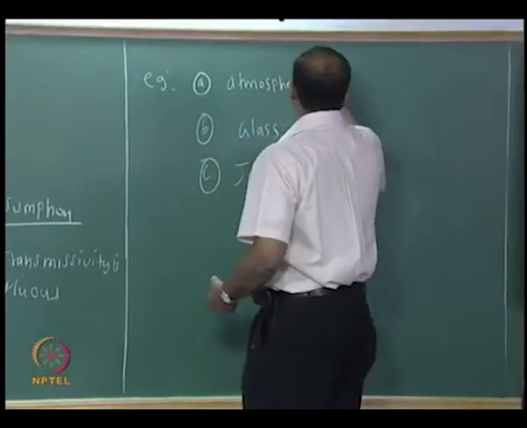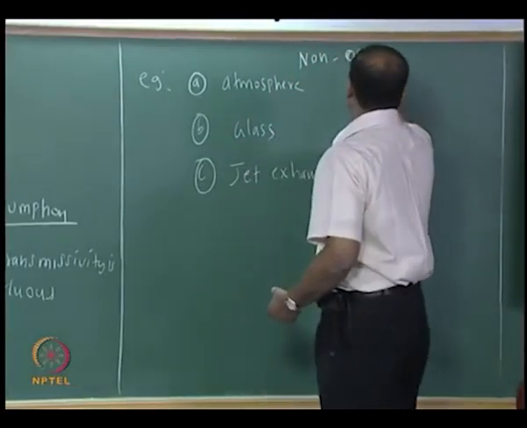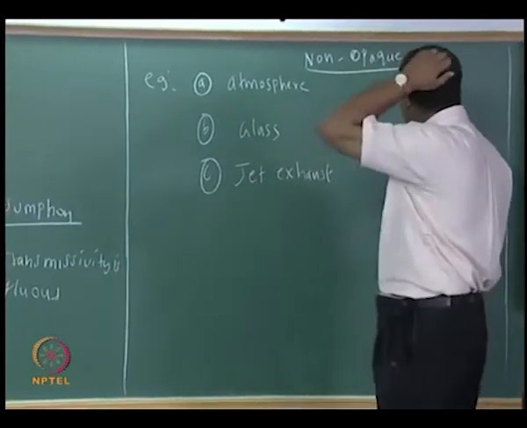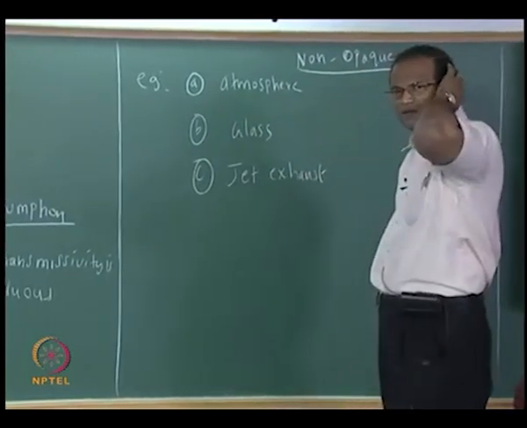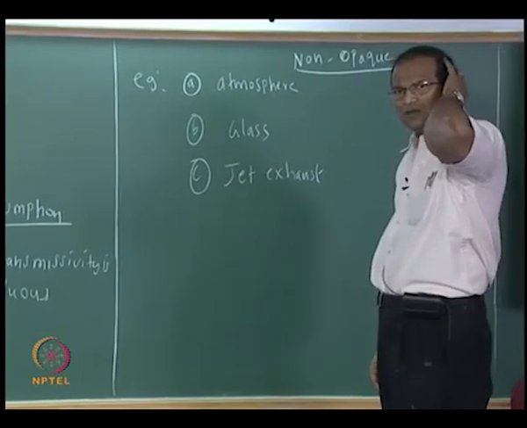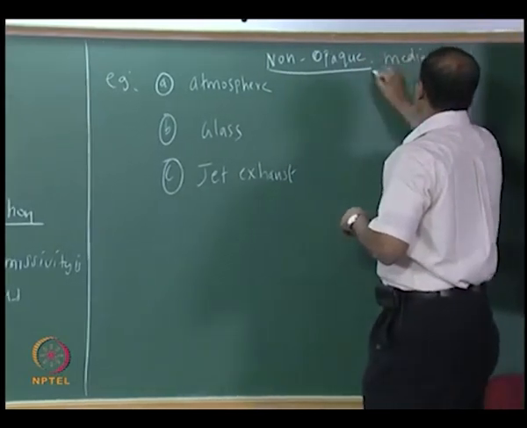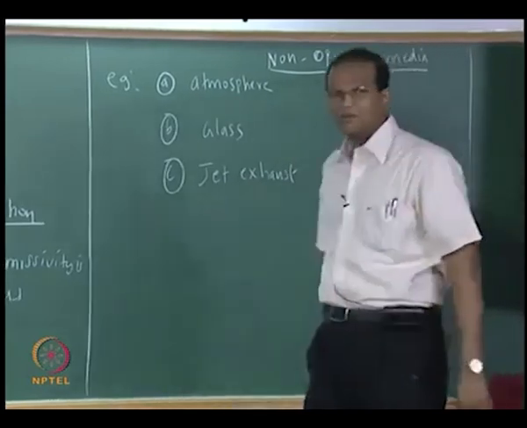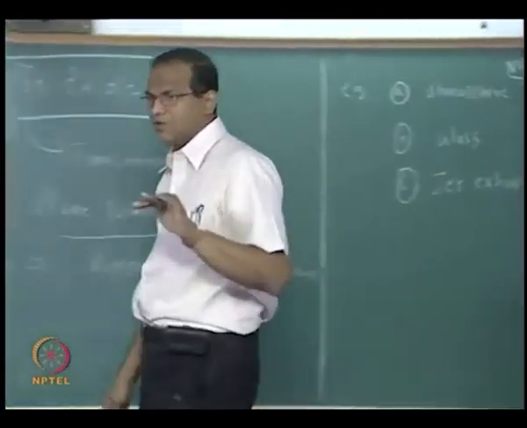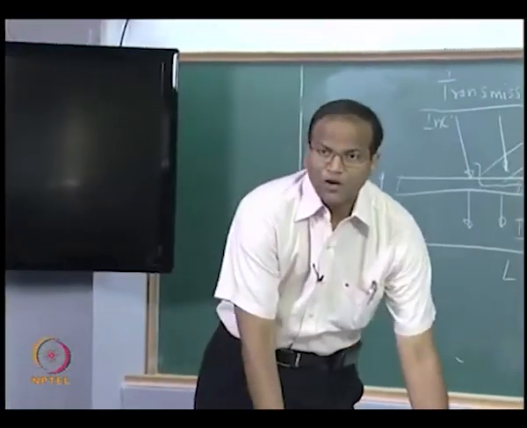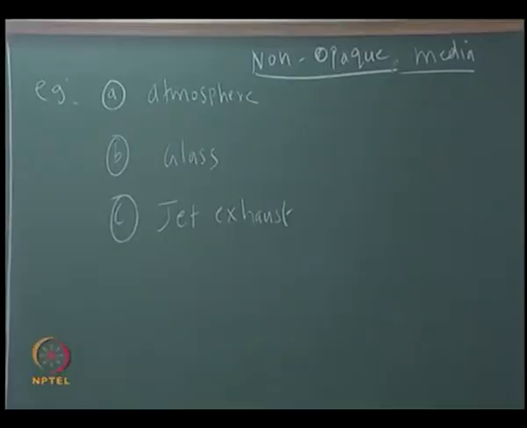Non-opaque what? Media, correct. We can't say surface. Non-opaque media, some examples: atmosphere, lens, filter. So the concept of a directional transmissivity becomes redundant. So we have to define spectral and total, and then be done with it.